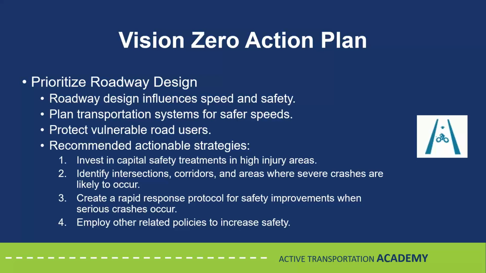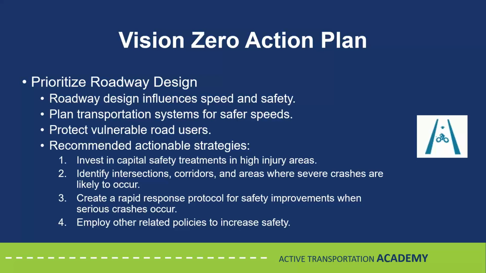It protects our most vulnerable road users who may not have the choice to travel by single occupancy vehicle because they're too old, or too young, or don't have the ability to drive anymore, or people with disabilities.